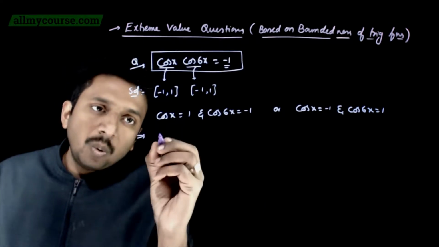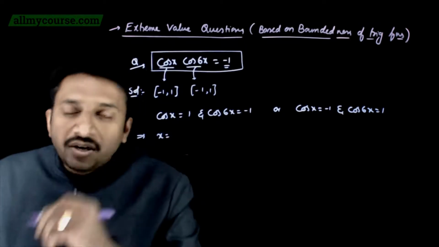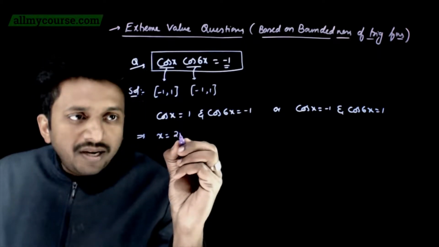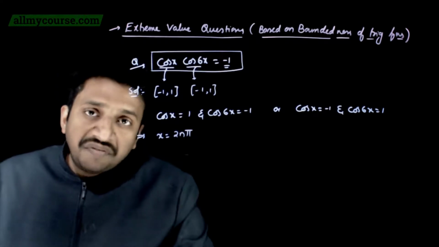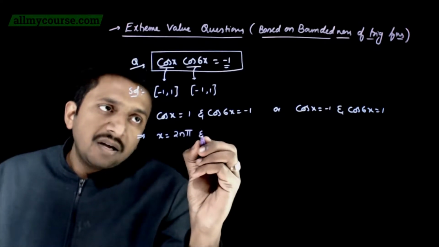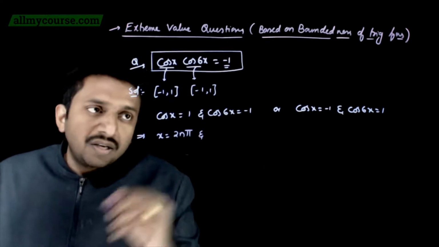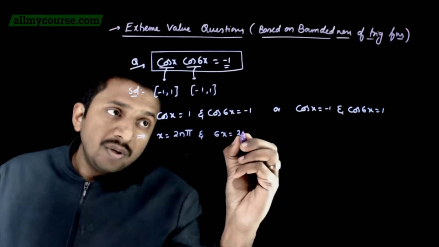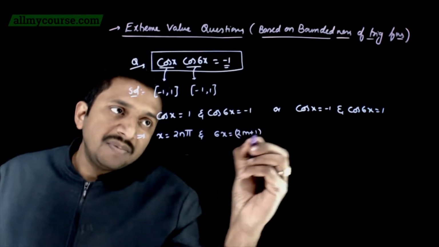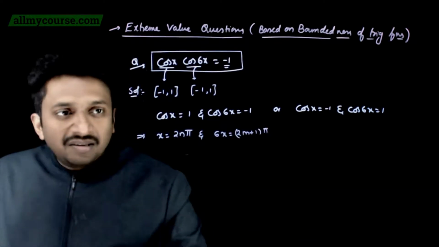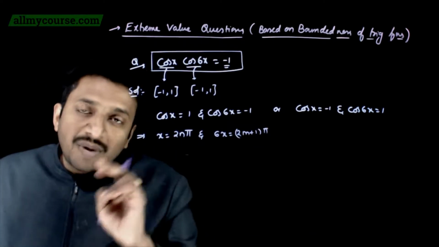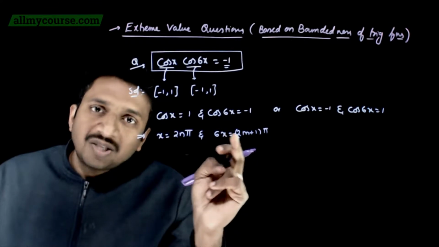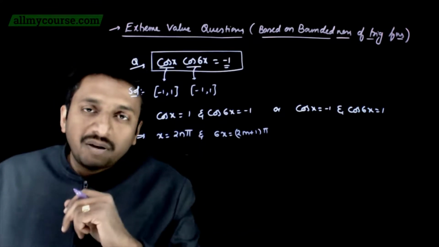Cos x is equal to 1 implies x is equal to 2m pi, something which you have derived already. And cos 6x is equal to minus 1. This implies 6x is equal to 2m plus 1 times pi. So x has to be equal to an even multiple of pi and 6x has to be equal to an odd multiple of pi.